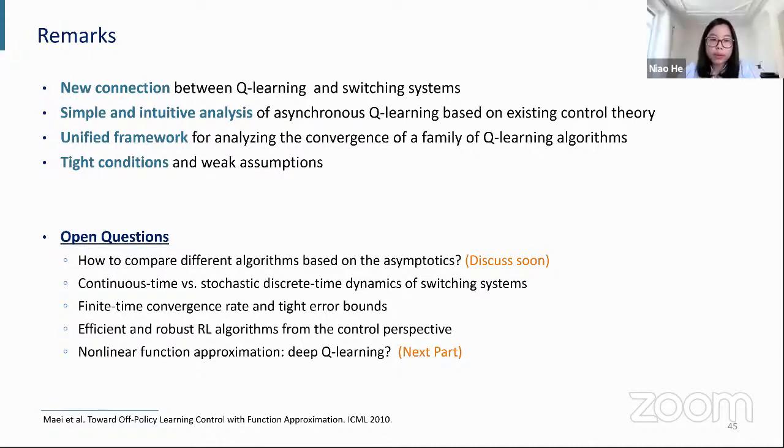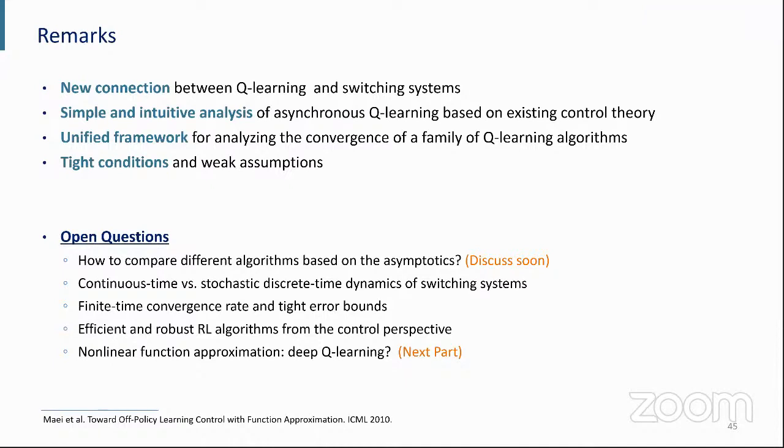Right, that's a very good question. That's a natural thinking here, right? So ideally, if you wanted to characterize the finite time convergence, you will have to use those analyses for discrete time dynamics. I think the difference here is, first of all, the underlying Q-learning algorithm, or this original algorithm, is stochastic by nature, right?